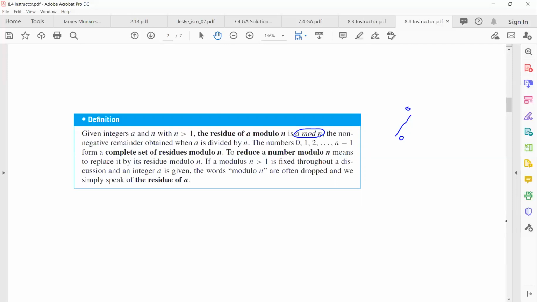If the modulus n greater than 1 is fixed and an integer a is given, the words modulo n are often dropped and we just say the residue of a.